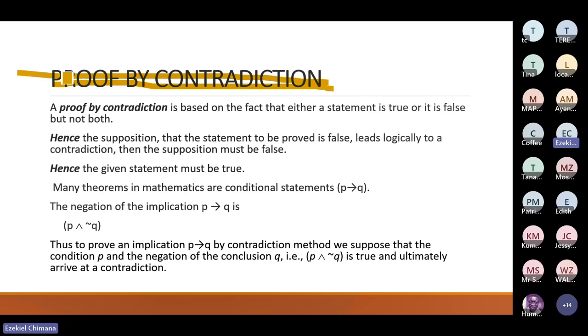If it does contradict, then the initial statement you were given is true. A proof by contradiction is based on the fact that a statement is either true or false, but not both.